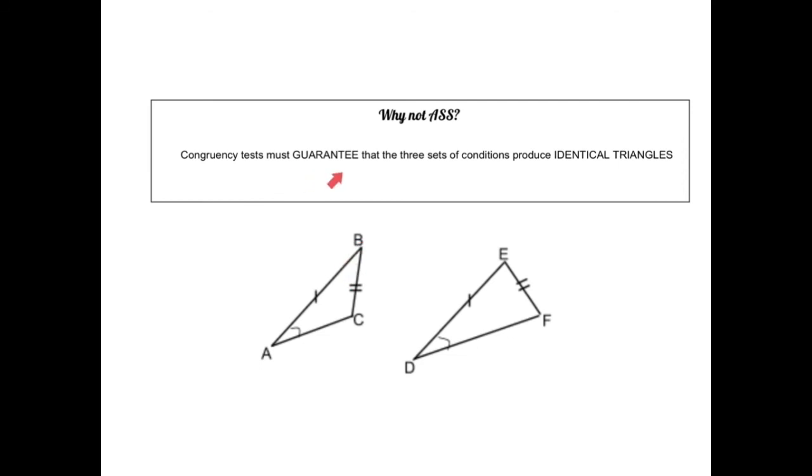So it has to guarantee that these conditions create identical triangles, which in this example they don't. So ASS does not guarantee identical congruent triangles, so we cannot use that to test congruence.